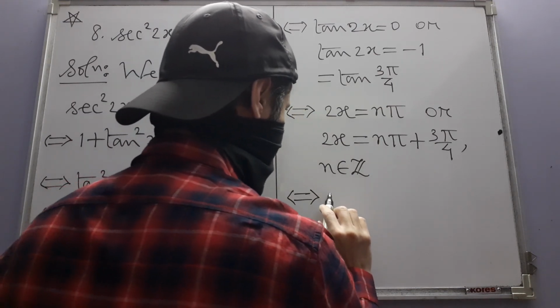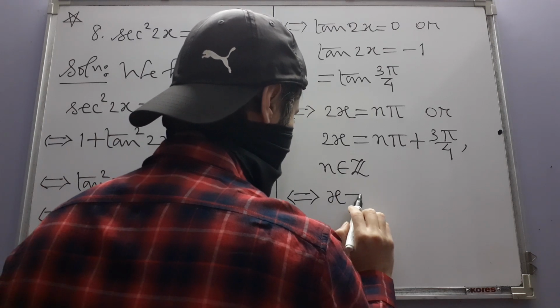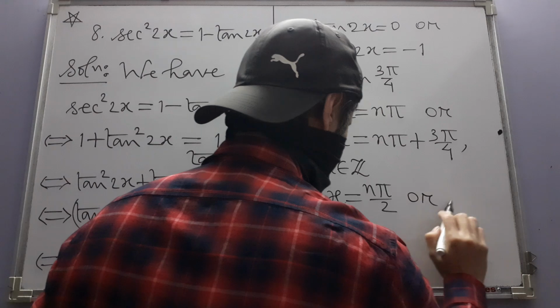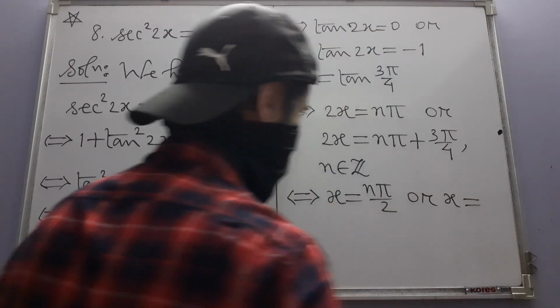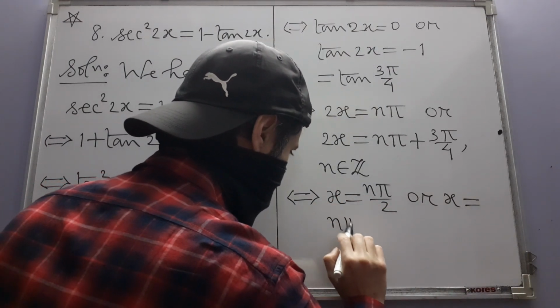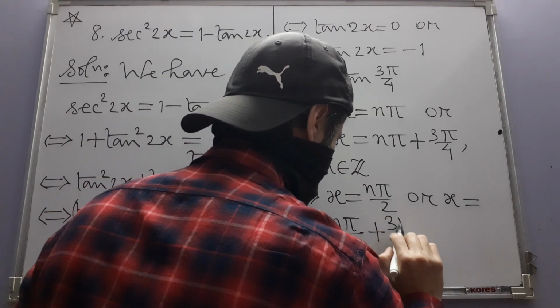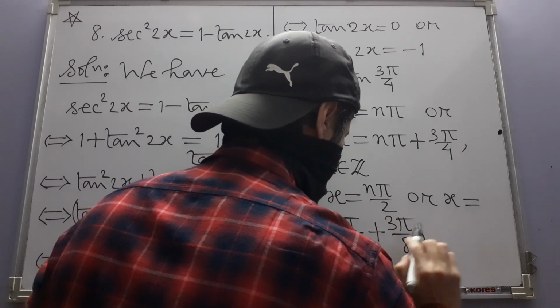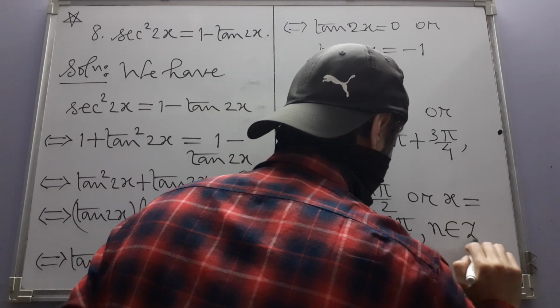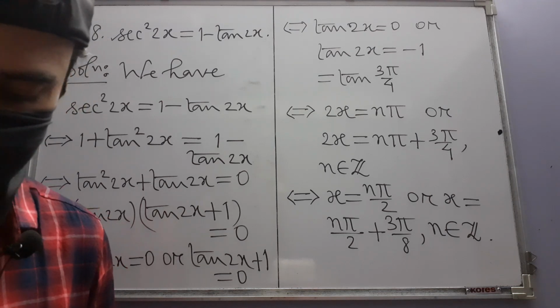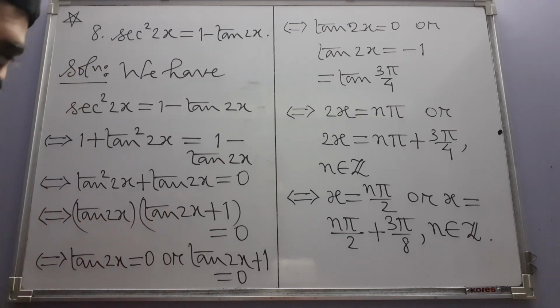And one more step. So x is either of the form n pi over 2 or x is of the form n pi over 2 plus 3 pi over 8, where n is an integer. So this is the general solution. It has all the solutions of our equation.